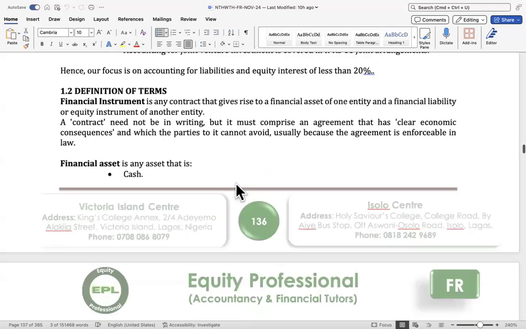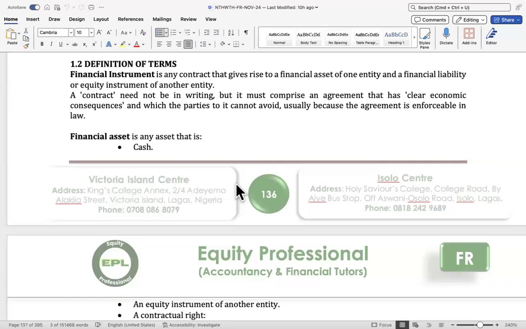Okay, so I've tried to paint a picture around what financial instrument is to open your mind to what we want to discuss today. However, what is financial instrument in line with IAS 32?